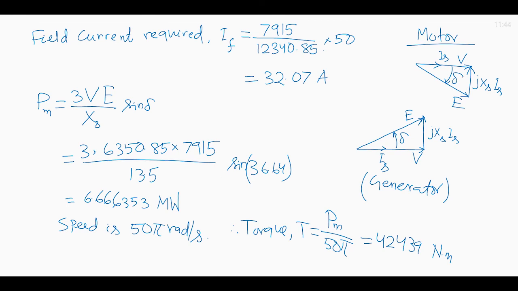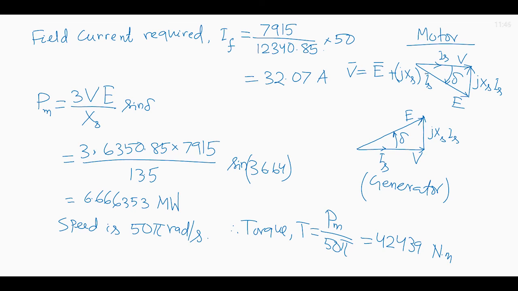So, for the motor, the relation between voltage phasor, induced EMF phasor, and stator reactance drop is: applied voltage V phasor equals induced EMF phasor E plus jXS into IS phasor, which corresponds to this phasor diagram shown here.